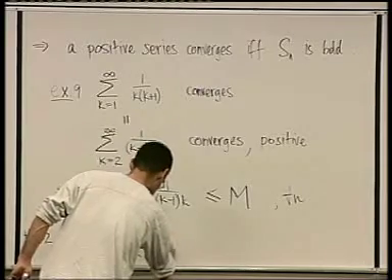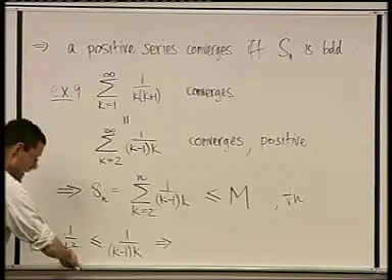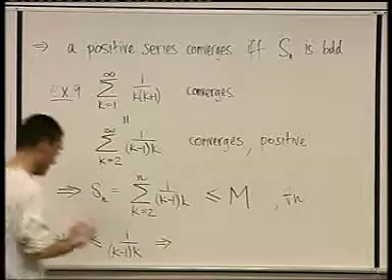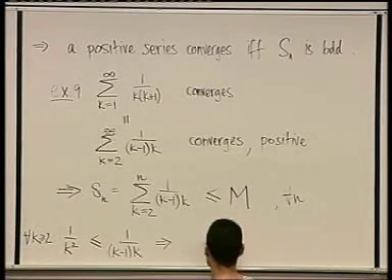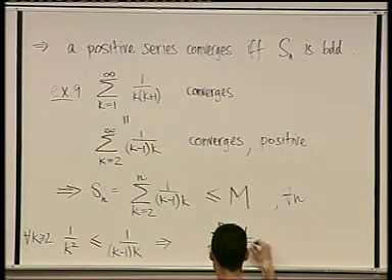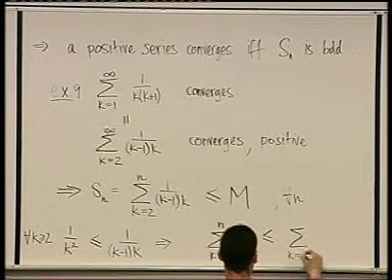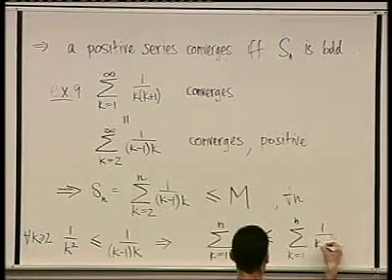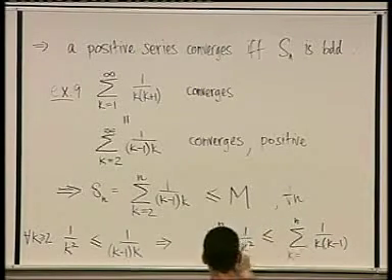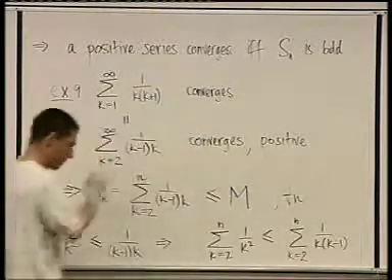Therefore, if I sum n of these, it's going to be less than or equal to if I sum n of these, because each one is bigger. So the sum from k equals 1 to n of 1 over k squared is less than or equal to the sum from k equals 2 to n of 1 over k minus 1 times k. I can't write it for 1, because for 1 there's something going wrong here.